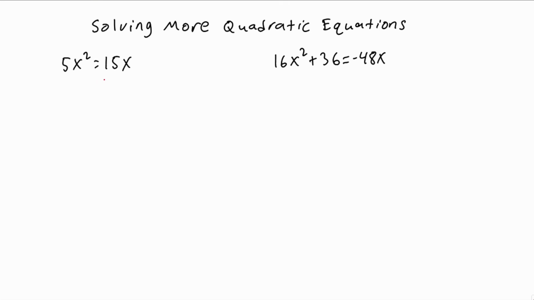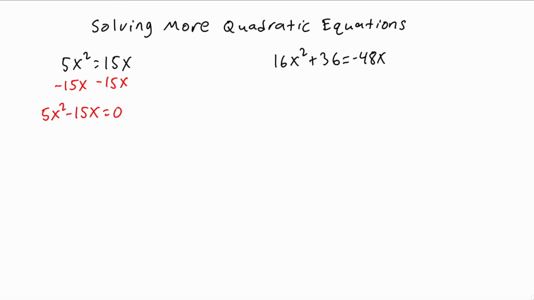So let's subtract 15x from both sides. And remember, we've got x squared and x. Those are different, so we can't combine them. So this is going to be 5x squared minus 15x equals 0.